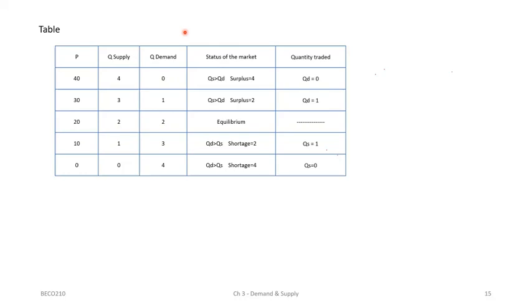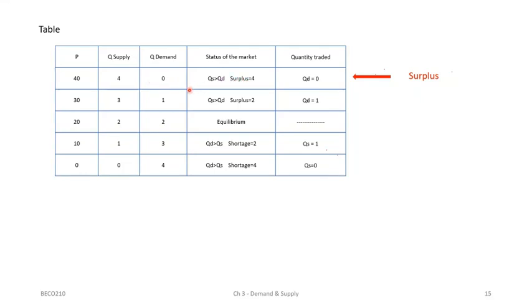At P equals 40, which is a price higher than equilibrium, we can notice that QS is higher than QD. We have a surplus on the market.